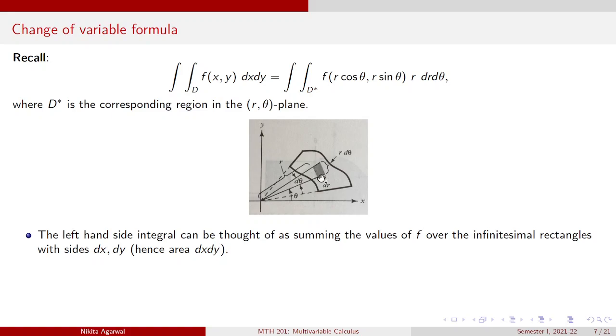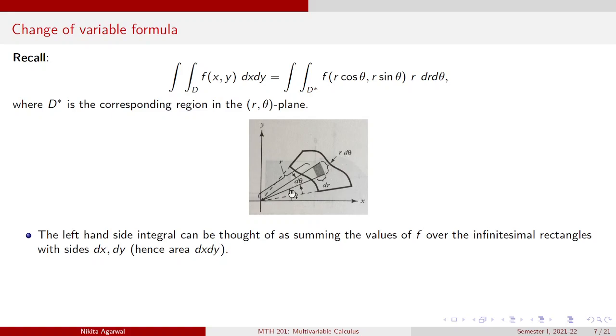This shaded region. The angle is d theta and this length is dr, right? So which means that what is the length of this arc? It's r times the angle, right?